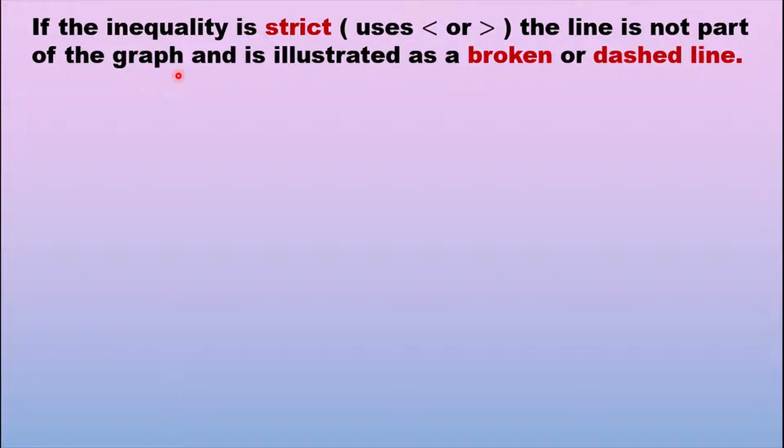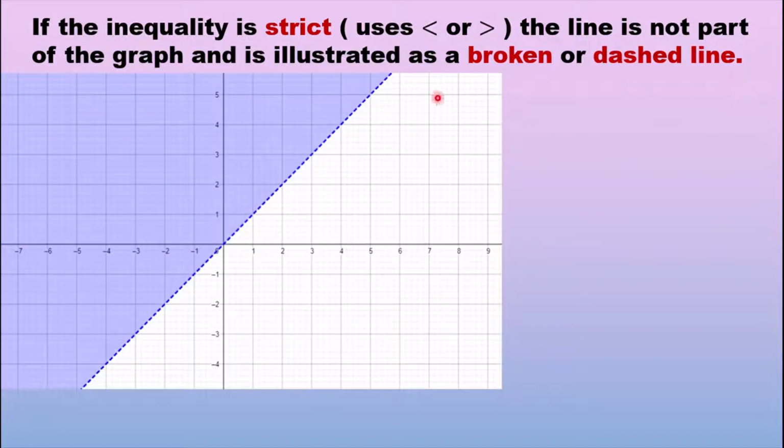So, yung line ay hindi part ng graph. Only one side of the line. So, gumagamit tayo pag nag-graph na tayo, yung line natin ay broken or dash line. Okay, pag ito yung ating symbol na makikita sa ating linear inequality in two variables, we use broken or dash line.